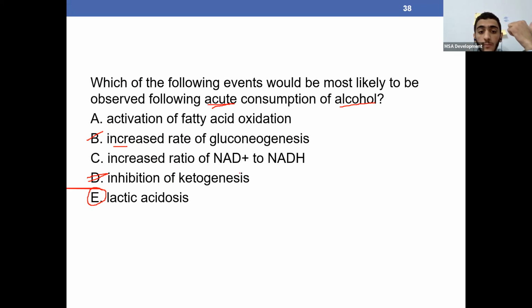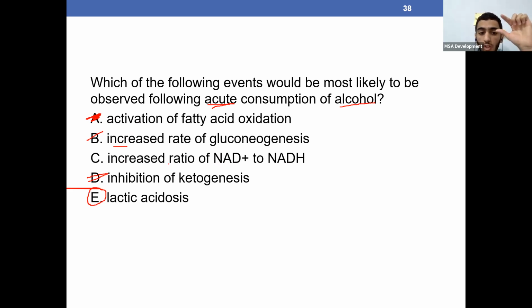So it's not B. Activation of fatty acid oxidation, or breakdown of fat: we said there's no breakdown of fat in this process. Fatty acids instead are going to get stored, and there's even going to be a slight synthesis of fatty acid. That leaves us with the last choice, which is NAD+ and NADH.